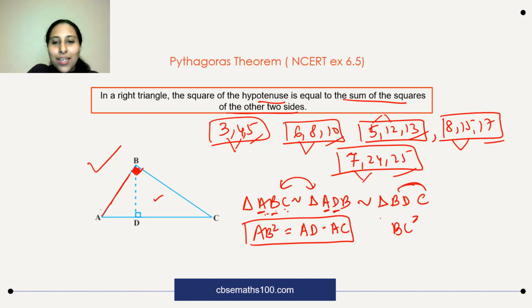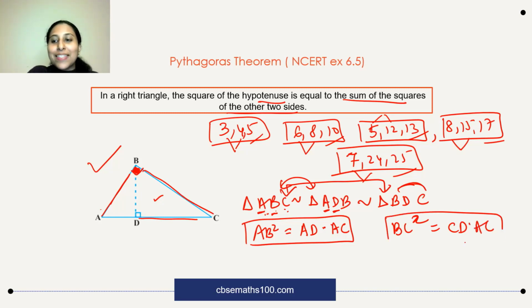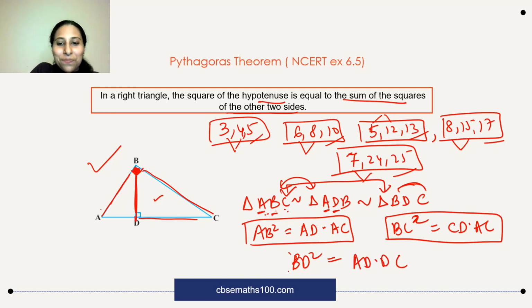Here I'm going to use similarity of the first and last triangles. BC square is equal to CD into the complete hypotenuse AC. Again, this is important. Another one, BD square, this perpendicular which has been dropped, the square of that will be equal to AD into DC.